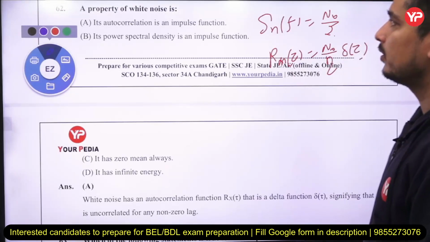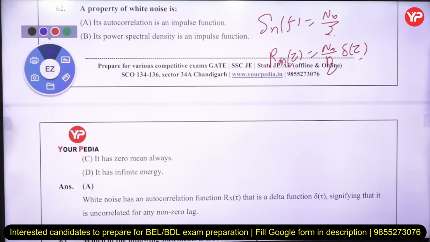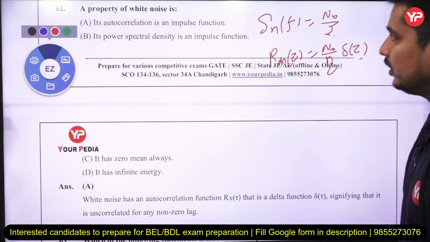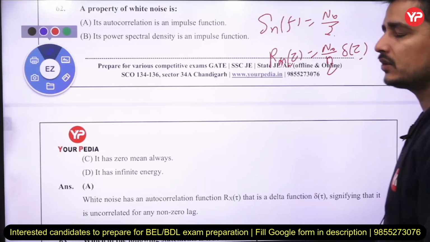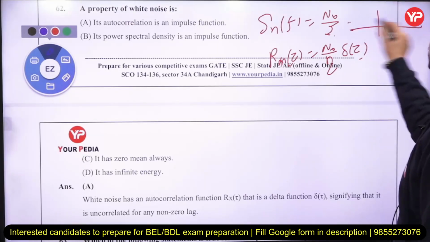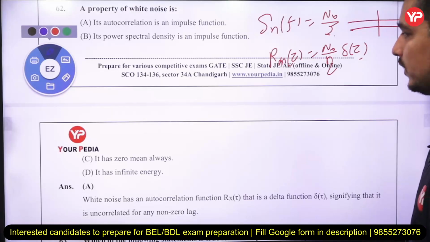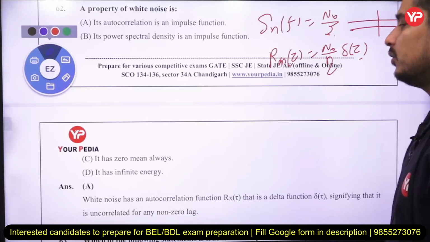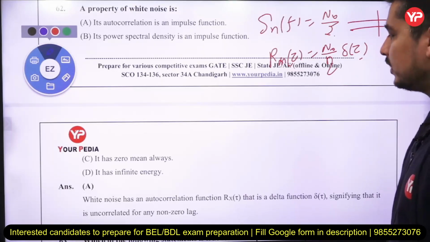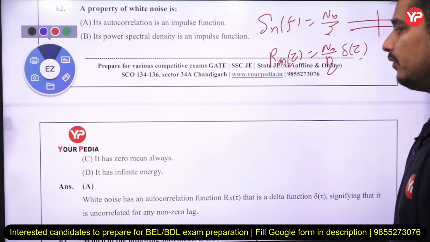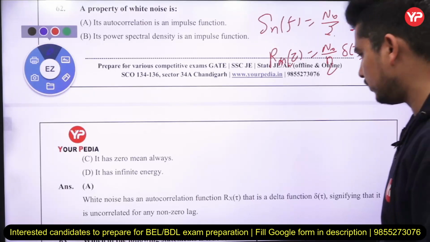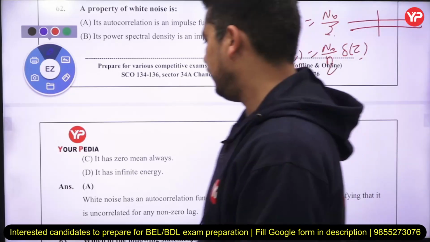The first property of white noise is that its autocorrelation function is an impulse function. That is correct. Its power spectral density is not an impulse function, it is constant throughout all the frequencies. Is it always zero mean? That depends on where we apply it; its mean may or may not be 0. Does it have infinite energy? That is also not correct. Answer is A.